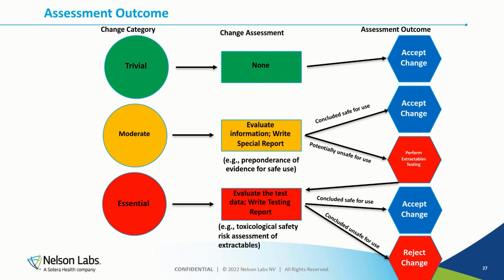What this arm essentially tells you is when you did the change categorization, you underestimated how big the change really was.